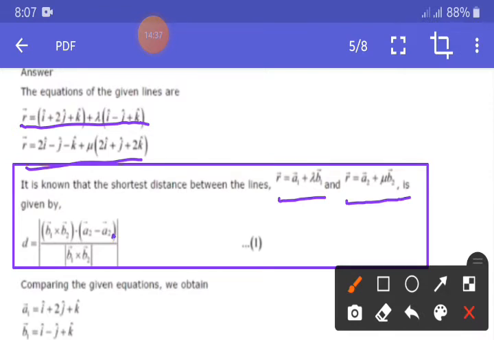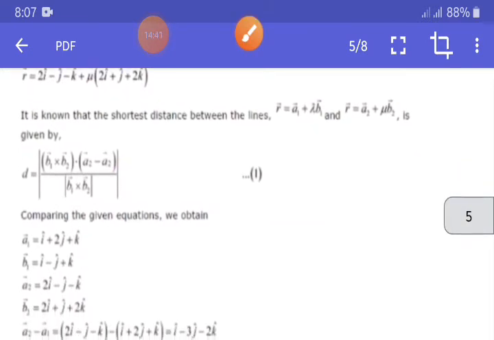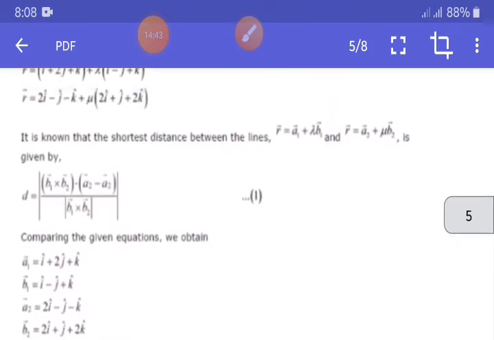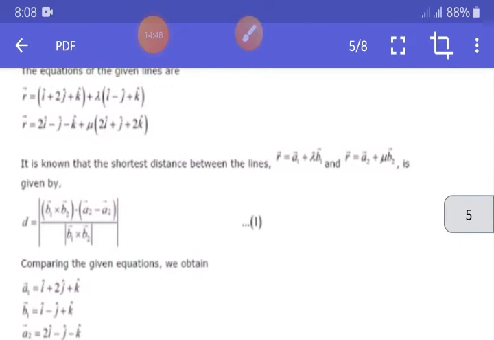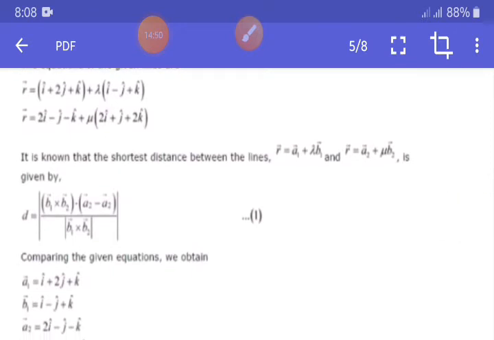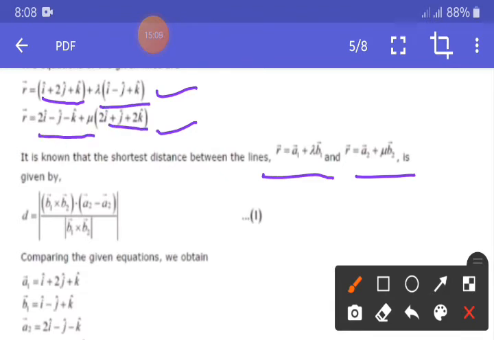Comparing the given equations, we obtain A1 vector equal to i cap plus 2j cap plus k cap. This is the first equation, this is the second equation. This is A1, this is A2, this is B1, this is B2.